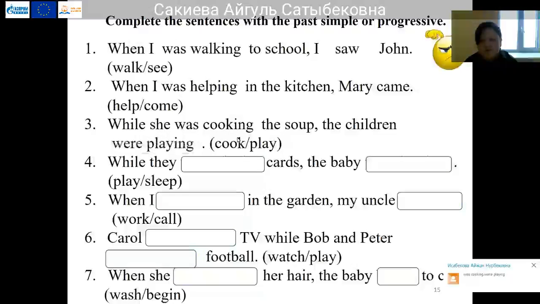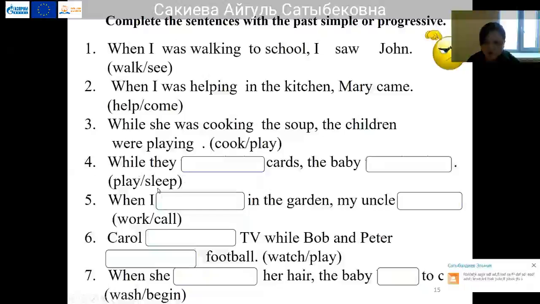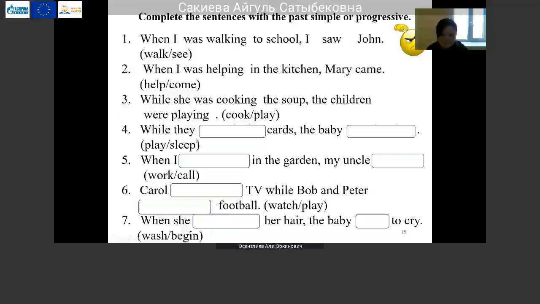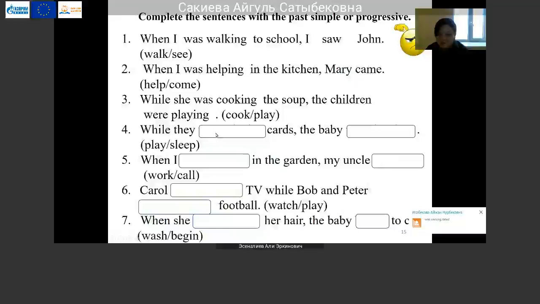Let's check. Correct, Aijan. Well done. Good for you guys. Most of you have given correct answers. 4. Elman, what did you write? Elman, could you be a little serious, please? The lesson is going on. Okay?